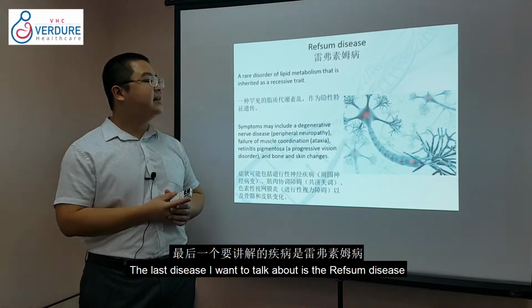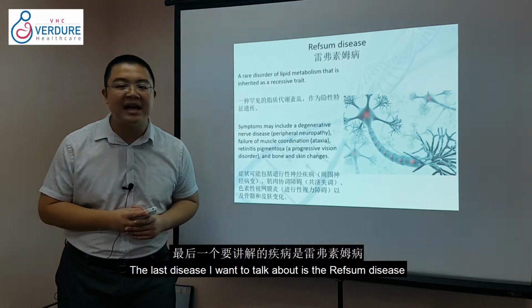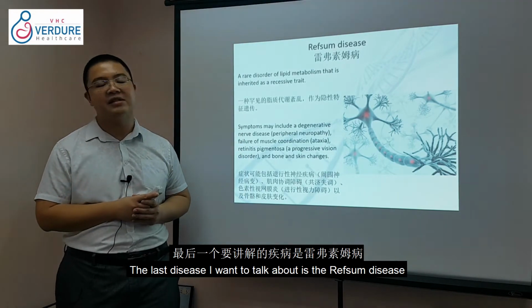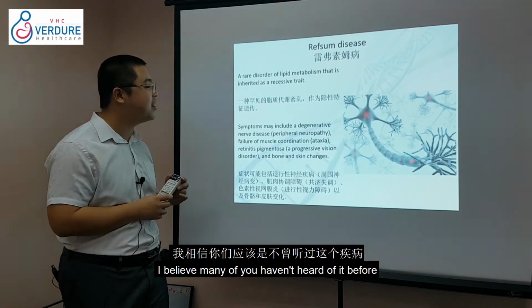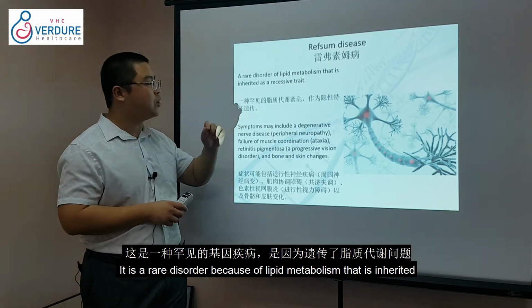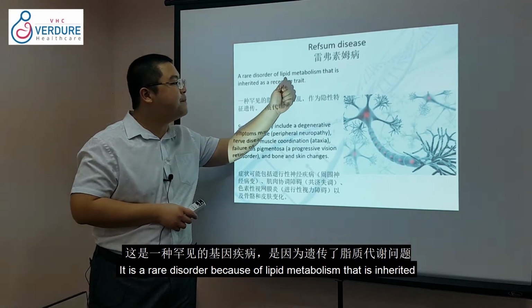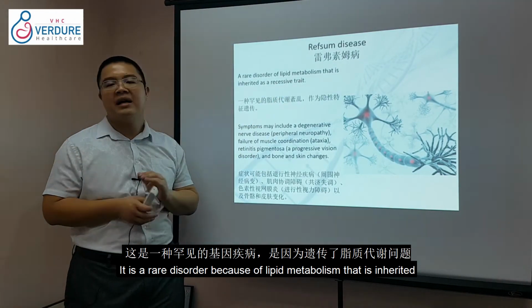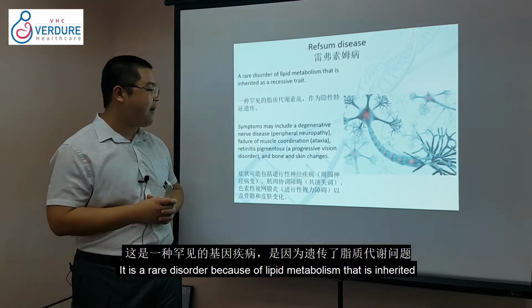The last disease I want to talk about is Refsum disease. I believe many of you haven't heard of it before, but it is also a very rare disorder, caused by an error in lipid metabolism.